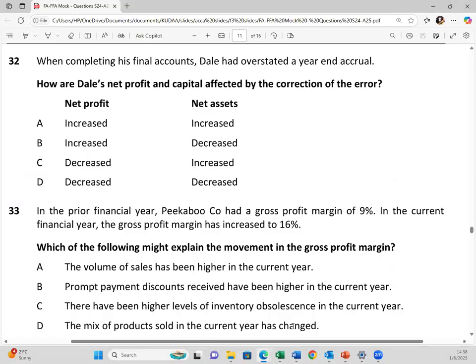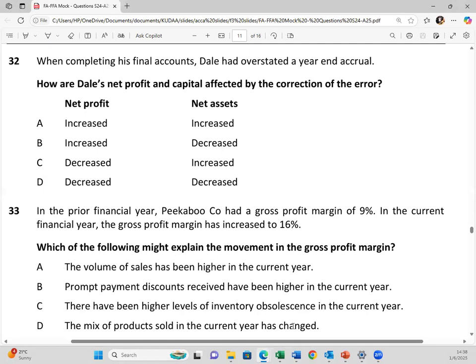Then on the net assets, which is total assets minus current liabilities, if we correct the error, it is going to reduce our current liabilities.